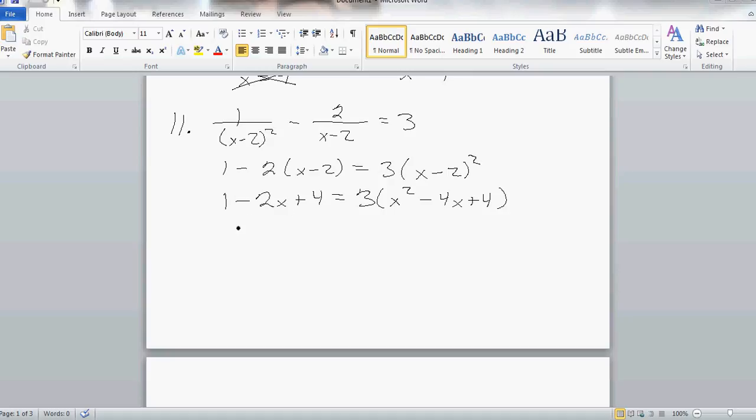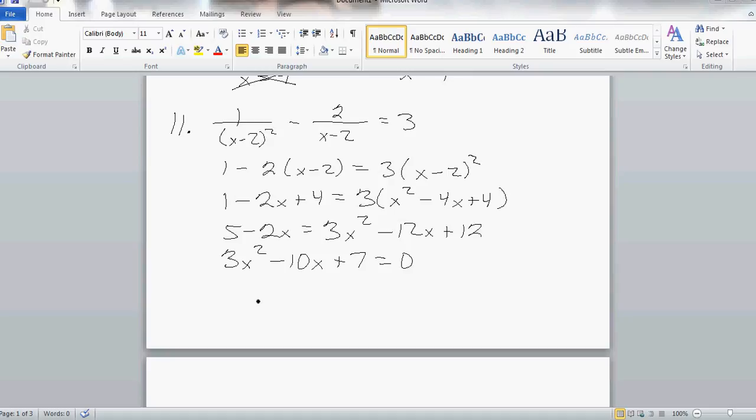Combine like terms and distributing, 3x squared minus 12x plus 12, and then adding 2x to both sides and subtracting 5, I get 3x squared minus 10x plus 7 equals 0.